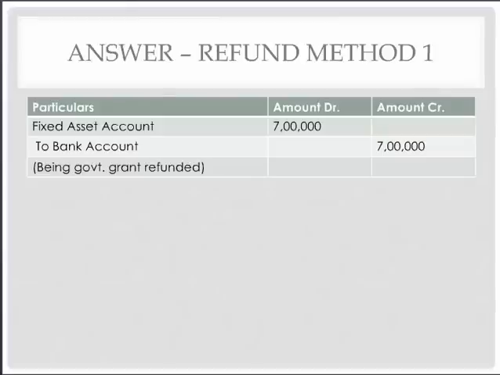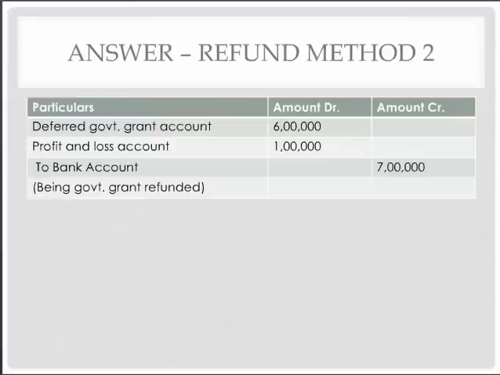When you increase the cost by 7 lakhs now, the cost becomes 33 lakhs. WDV becomes 33 lakhs. From here on, remaining 3 years, you will provide depreciation on 33 lakhs, for the next 3 years.